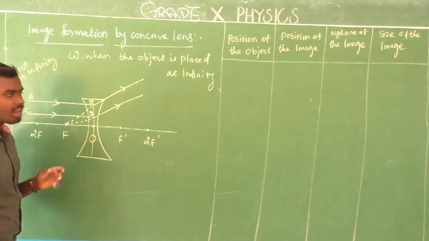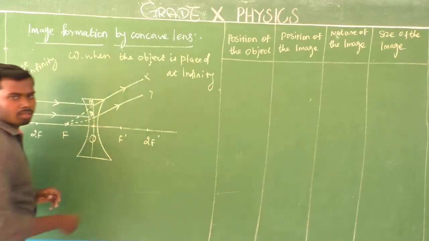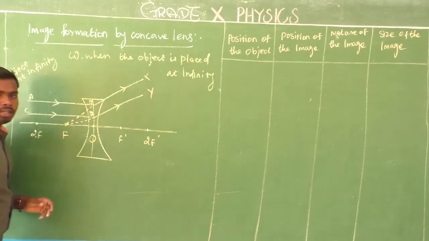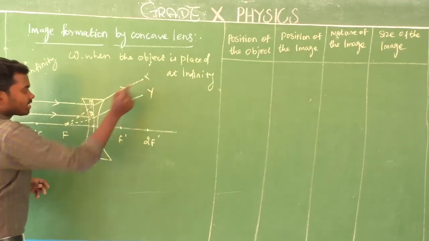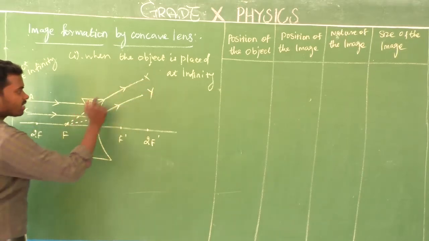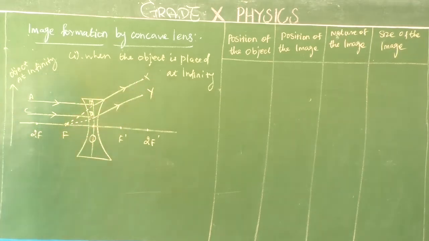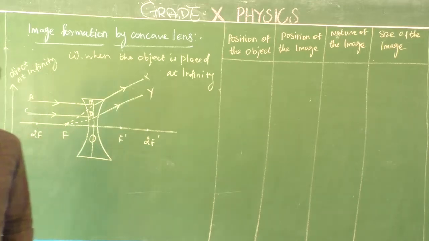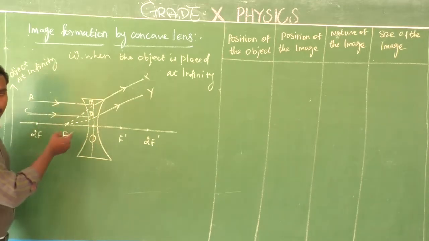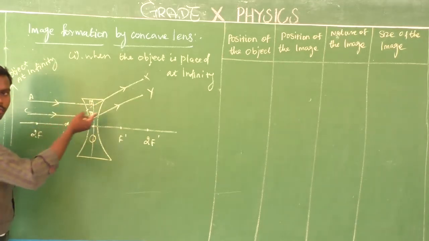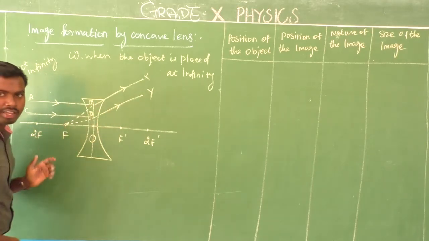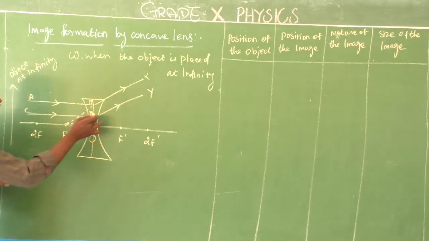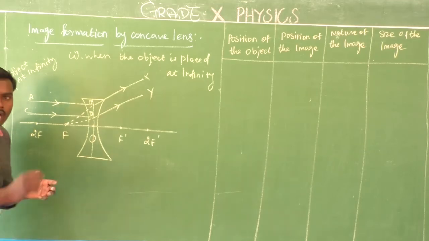After refraction, the directions of the two rays become BX and BY. Then where will the image be formed? Look here. If we extend these two refracted rays at the backside of the concave lens, the two refracted rays appear to come from its focus.